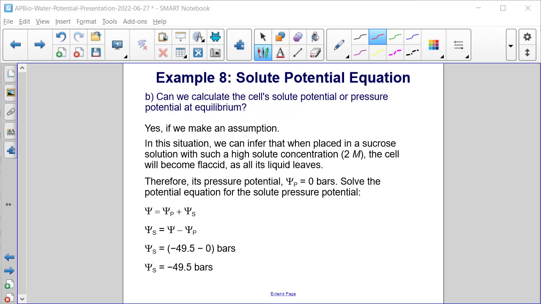And at that point, the cell walls cannot provide any pressure anymore. So the pressure potential will be 0 bars. So I can solve again using the same equation, but with a pressure potential equal to 0 bars. And then the cell's solute potential is minus 49.5 bars.